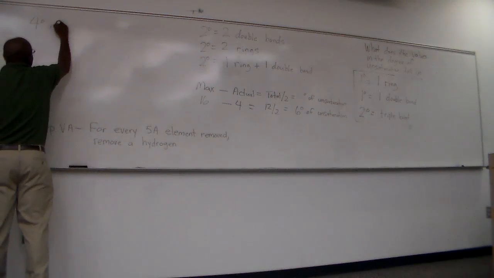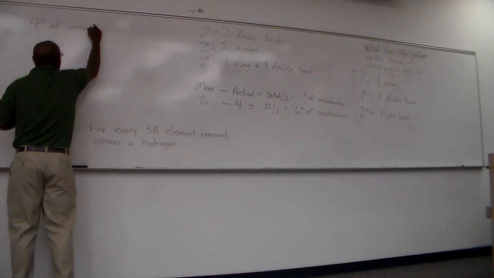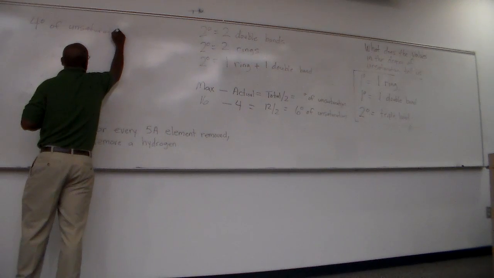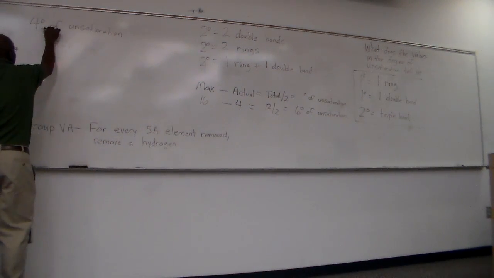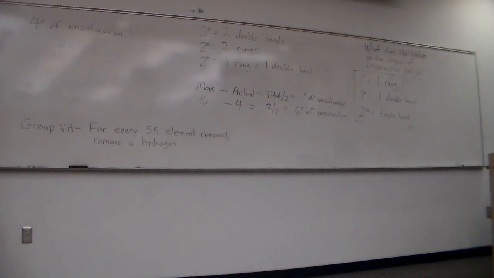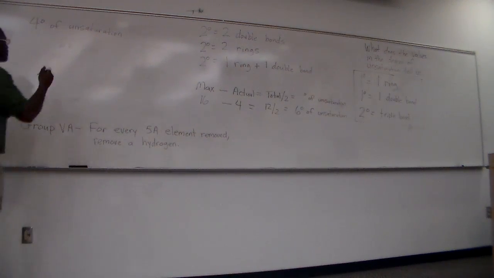What do we start with? 2 triple bonds. Even easier than 2 triple bonds: 4 rings. Let's get a pattern to it.